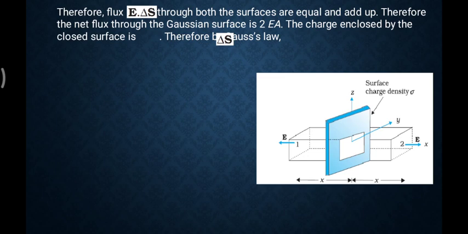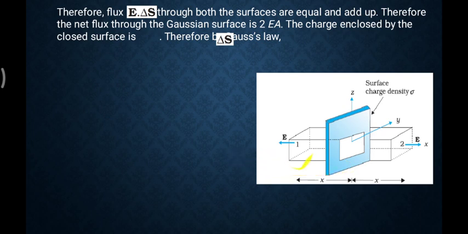So net flux. Okay, now what is the flux through this? Now we cannot do all the mathematics here. See, the flux passing through the first surface part, which is phi 1, is E times delta S, where delta S is the area of this surface, which is A for you.